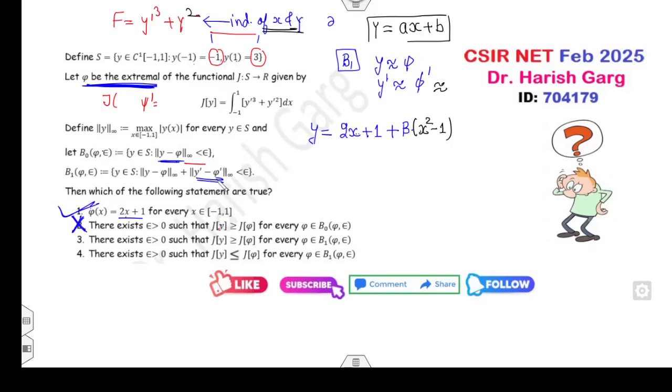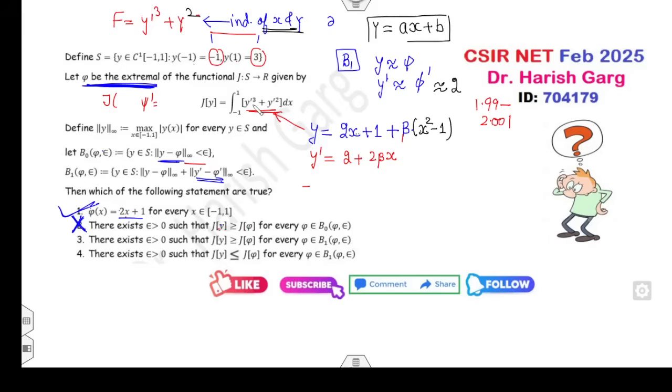Fine. Now what is the meaning of the psi dash? Psi dash will be my 2. So that number will be near to the 2. That means it may be 1.99 or it may be 2.001. Now you can substitute this value in the given equation. So firstly find the value of the y dash is a 2 plus 2 beta x. Fine. So I can substitute the values. I can write on here.